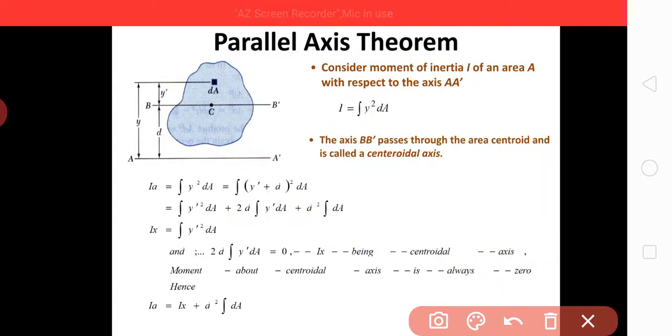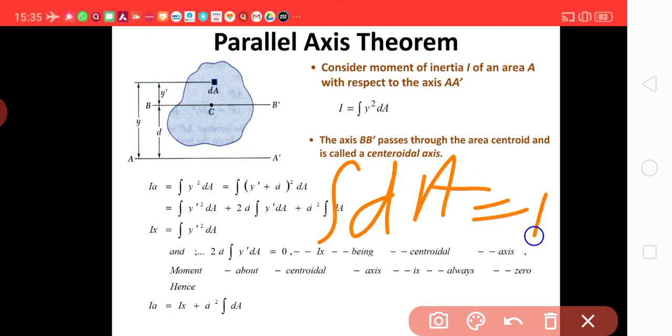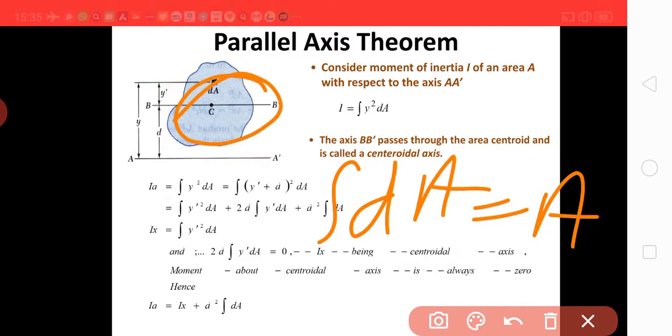So this integral y dash square dA is Ix. So IA equals Ix plus d square into integral dA. Integral dA means A, the complete area of this section.